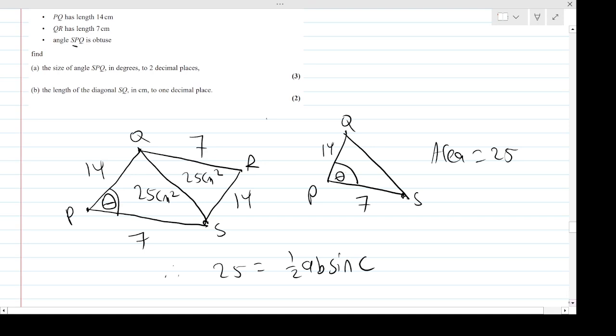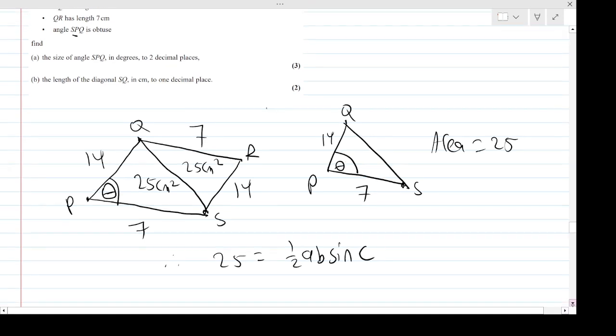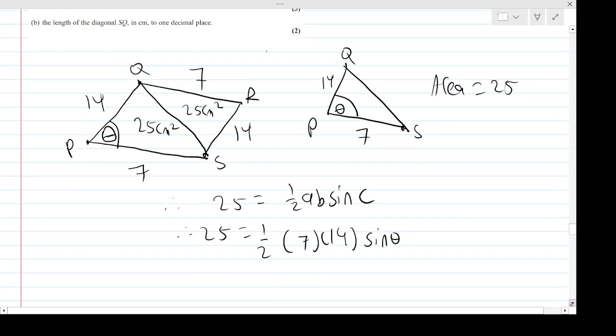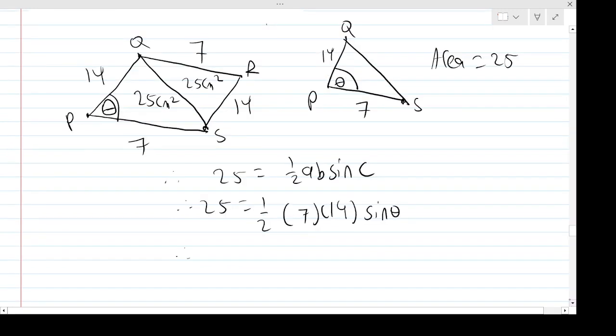And so in this case, the angle theta and the two sides next to it are 14 and 7. So therefore we get 25 is a half lot of 7, 14 sine of theta. Half times 14 is 7, 7 times 7, so we get 49 sine theta.